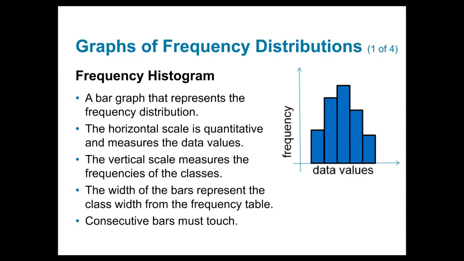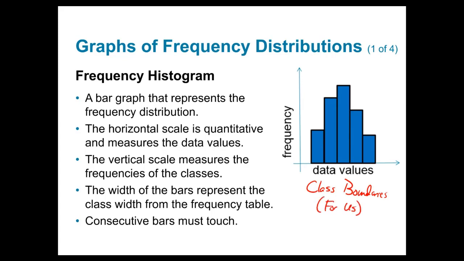So across the x-axis, it's always going to be quantitative, and it's going to represent the data values. So for us, that x-axis is always going to be the class boundaries. So we're going to keep it simple.